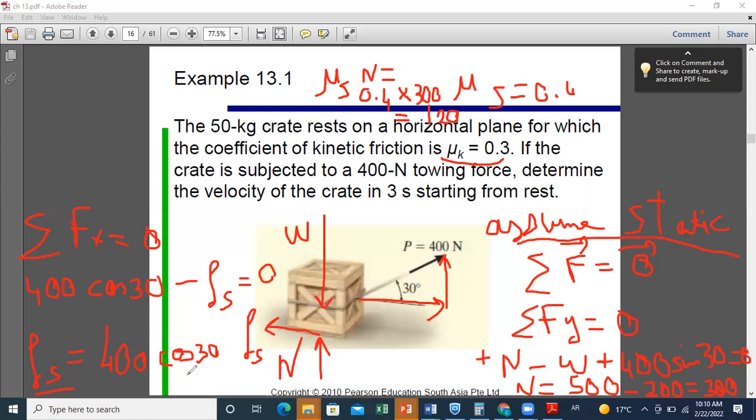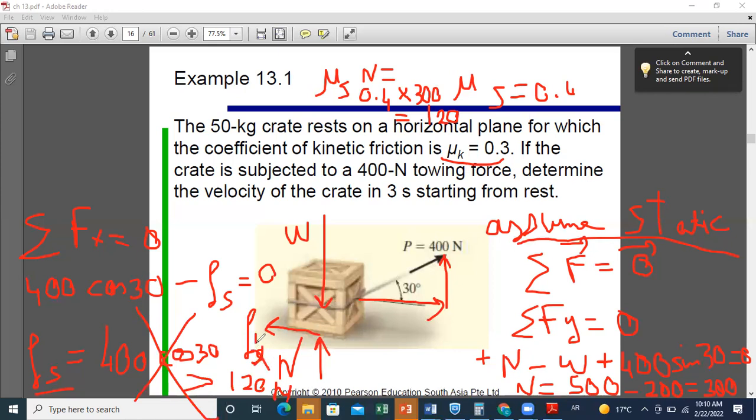Because this is larger than 120 Newton, which is mu s N, I say this is wrong. My assumption is wrong, so I cannot have a static case here. My box is moving. And once I determine that my box is moving, I can directly say the friction here is not static.